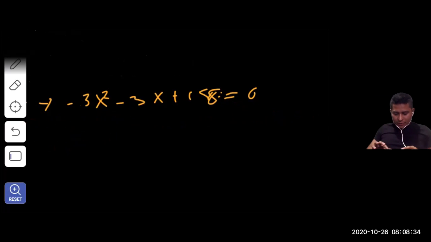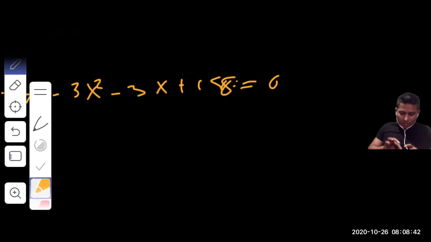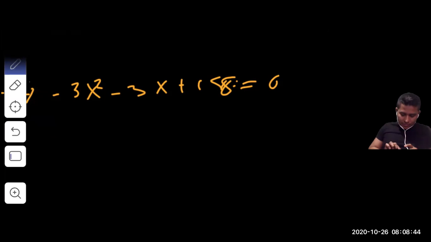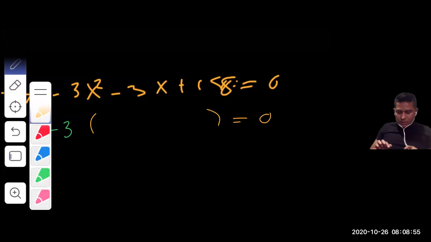Let's focus on this. Guys, this is a trinomial. We can use trial and error, but before using that, we have a common factor. What is it? 3, right? We're going to take the negative 3, because the negative is going to bother me if I leave it like that, and factor this out.